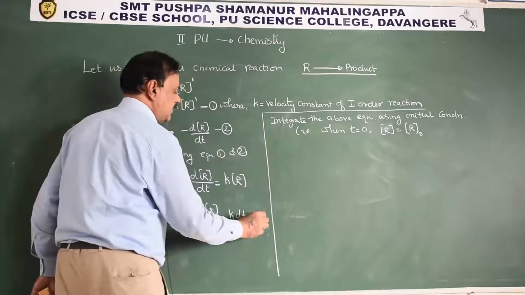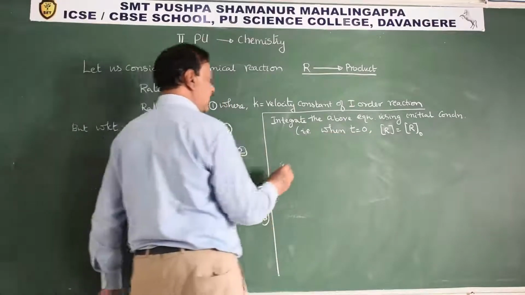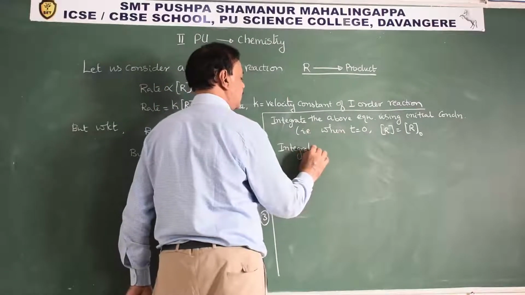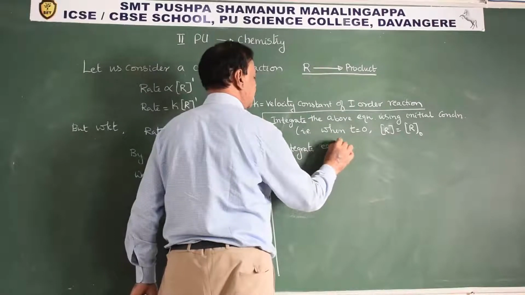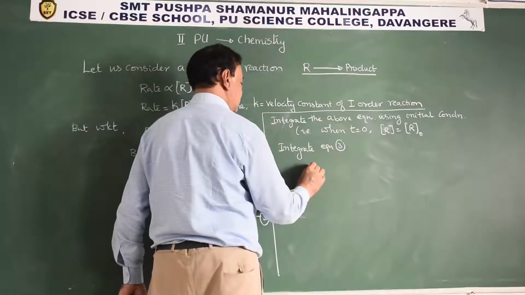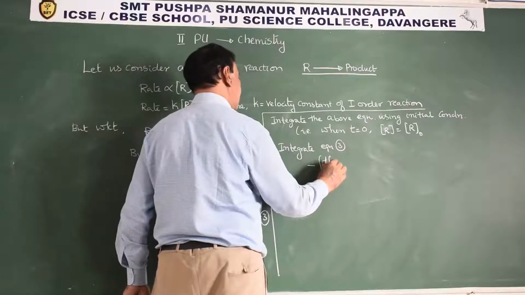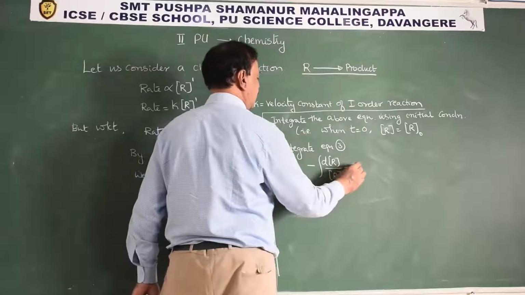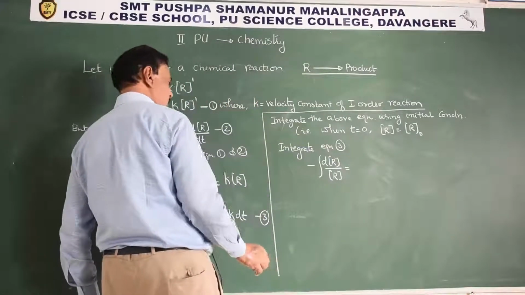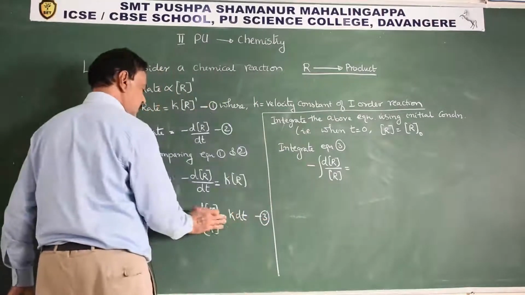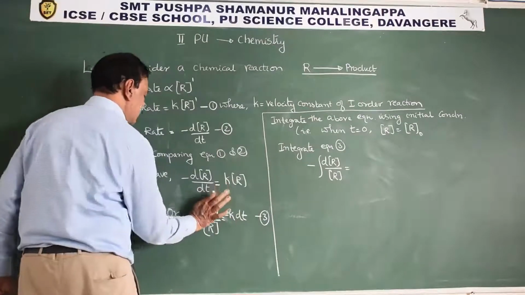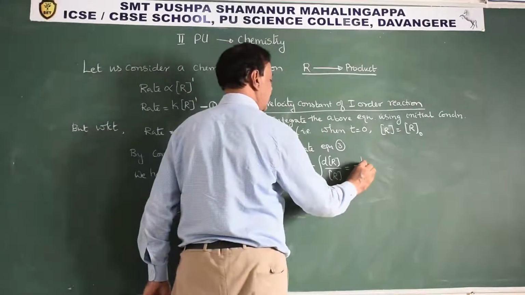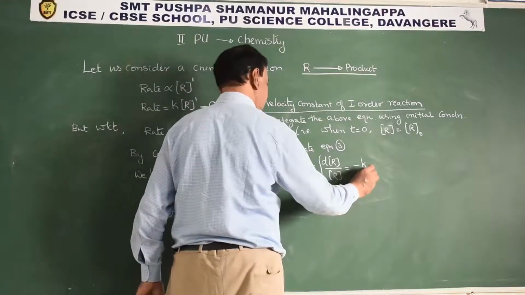Therefore, consider this as equation number 3. Integrate equation 3. That is minus dR divided by R is equal to, transferring the minus sign, it becomes minus K into dt.